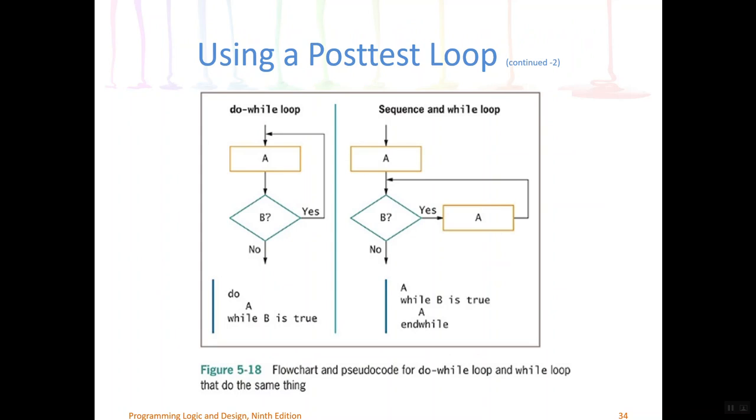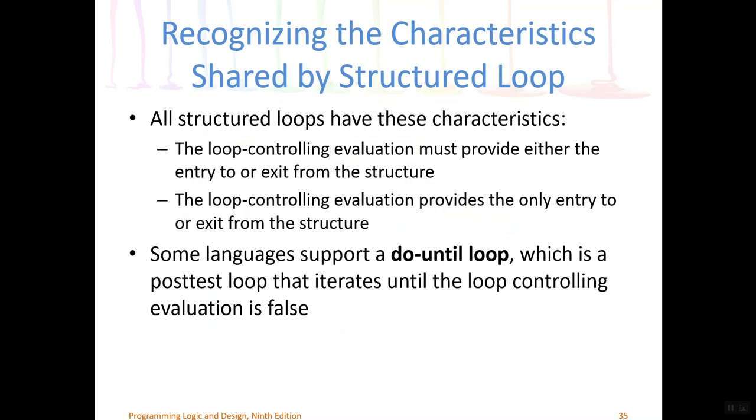If I wanted to implement the same logic but use the do until structure, I would write do A until B is false. I would flip-flop my test here because the until is what we want to use when we are specifying the condition for exiting the loop instead of continuing the loop.